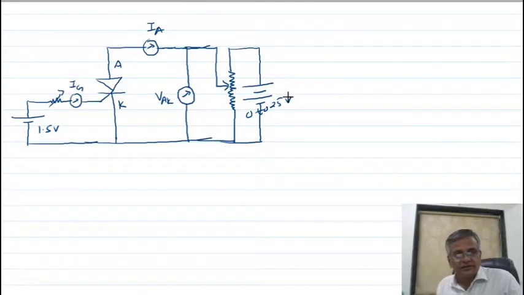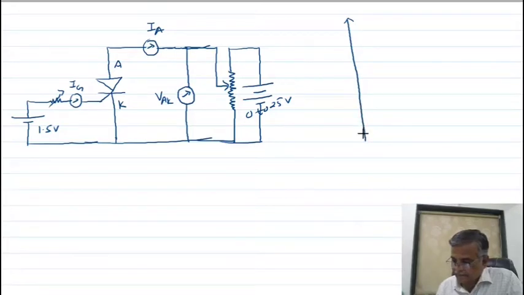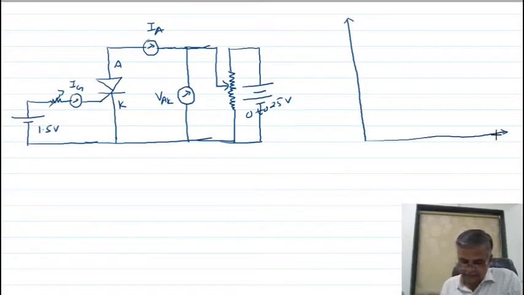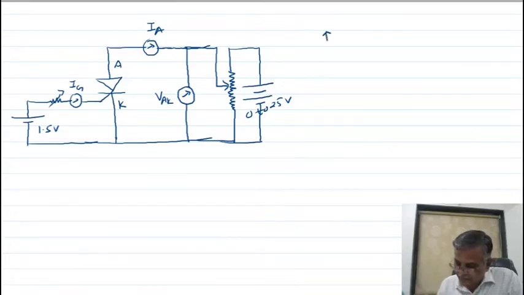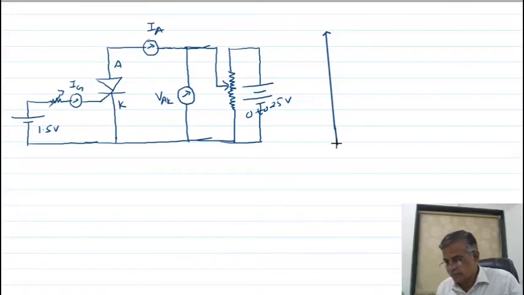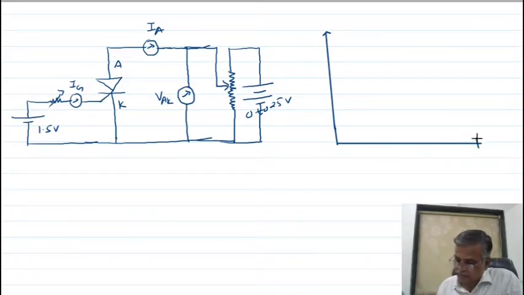Now see the graph. I am showing you the graph of anode current versus anode cathode voltage.